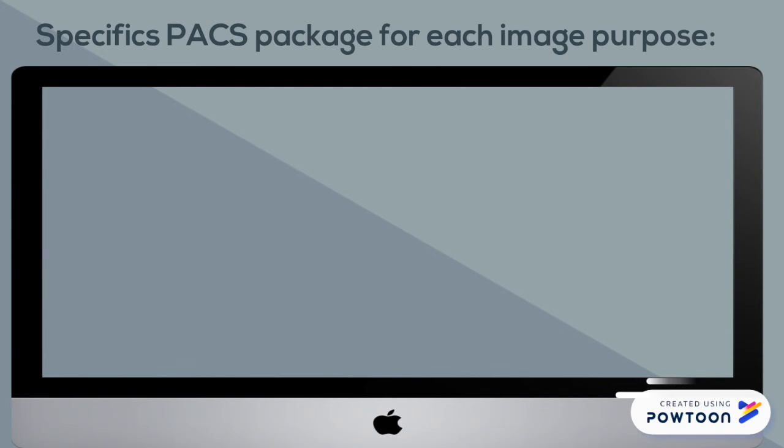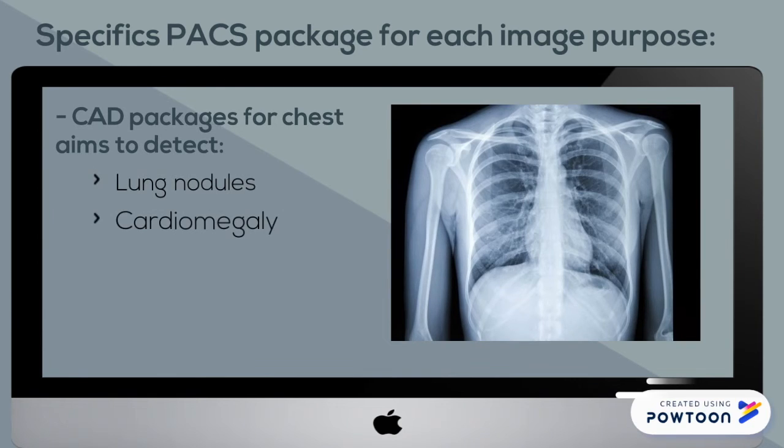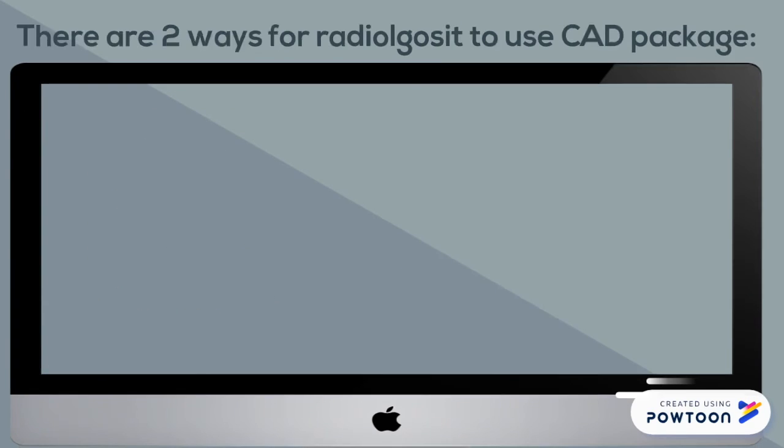For example, the CAD package for chest will be focused on a computerized detection of lung nodules, cardiomegaly, and vertebral fractures. This package may also include the computerized classification of benign and malignant nodules and the differential diagnosis of interstitial lung diseases.